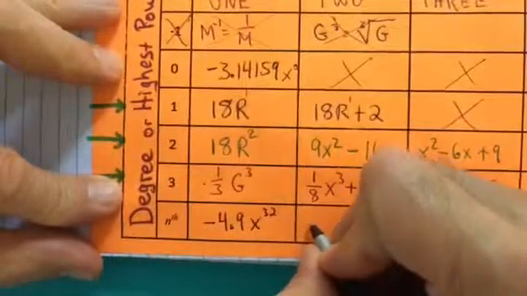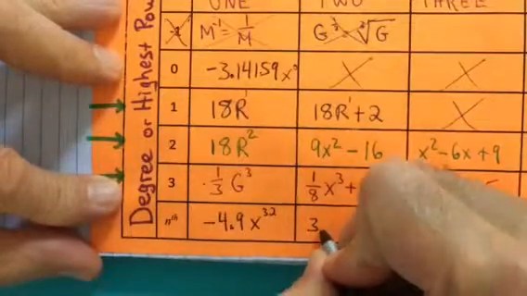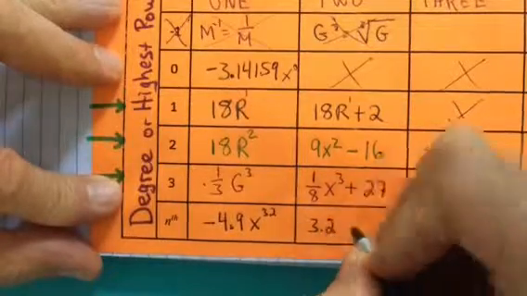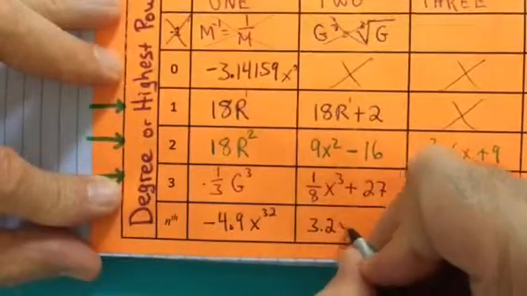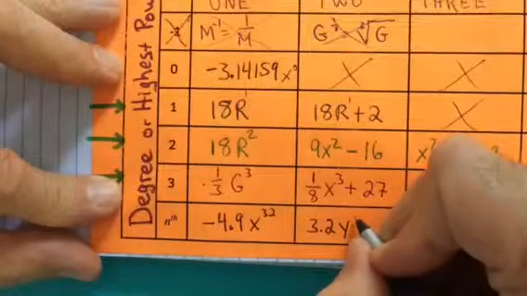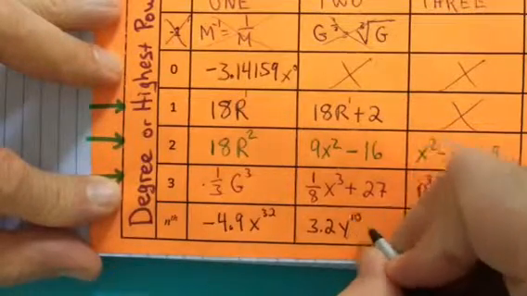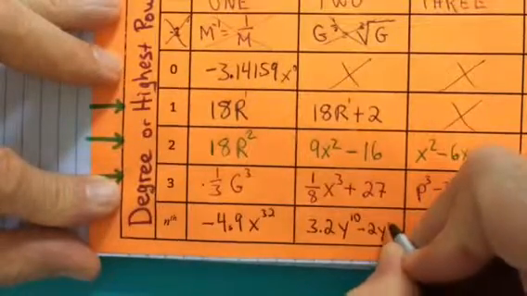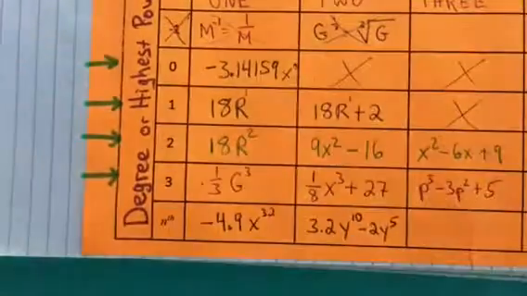Binomial, 3.2y to the 10th power minus 2y to the 5th power.